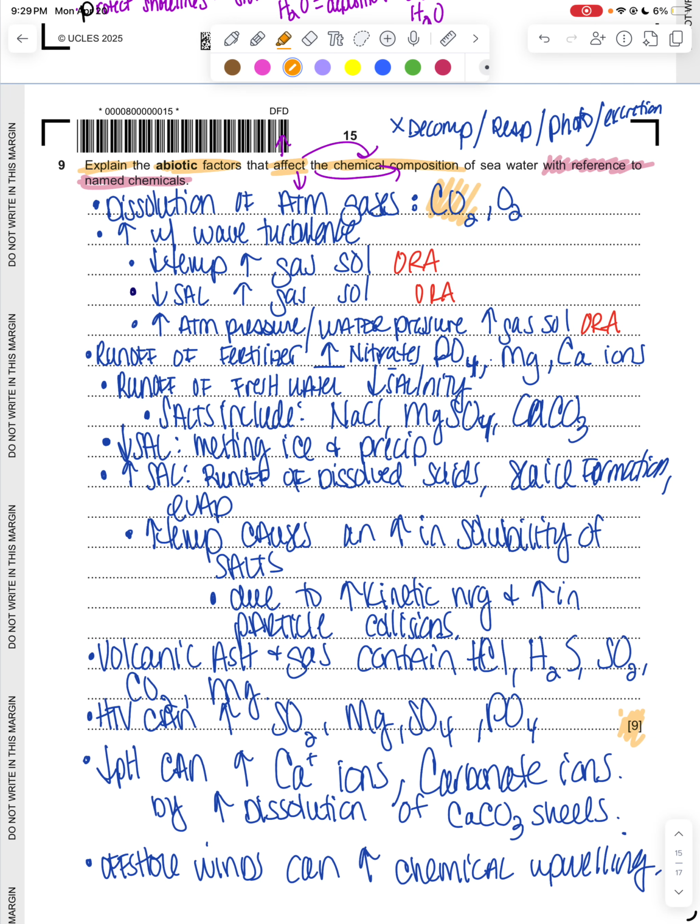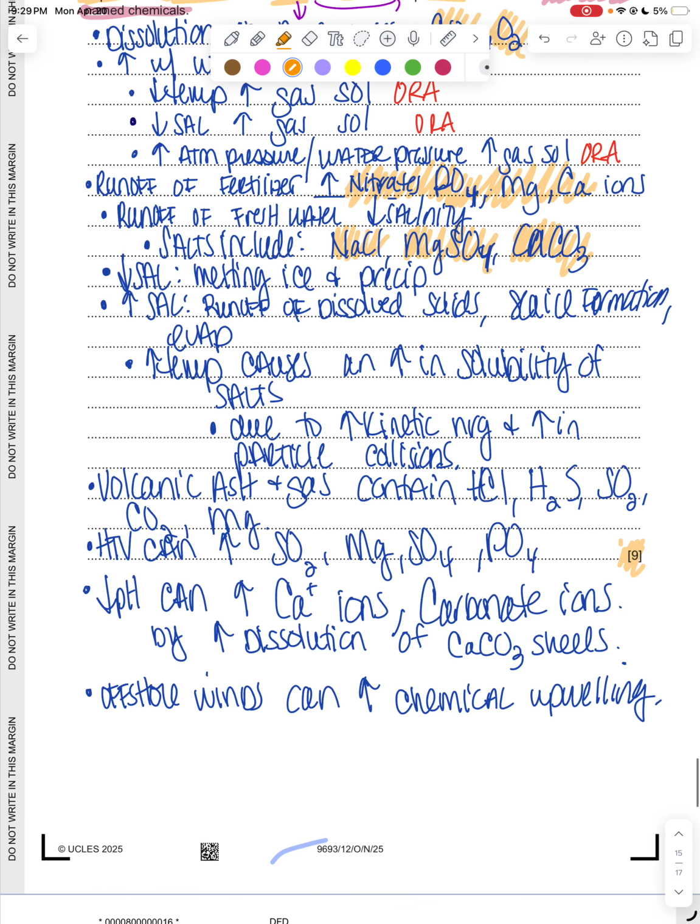So here's one. Here we got our nitrates, our phosphates, the magnesiums, the calcium ions, the salts, hydrochloric acid, sulfur dioxide, hydrogen sulfide, carbon dioxide, magnesium. Same things here. This is a big question.